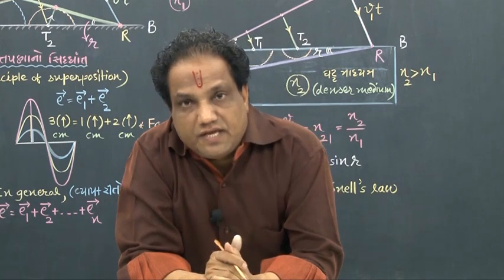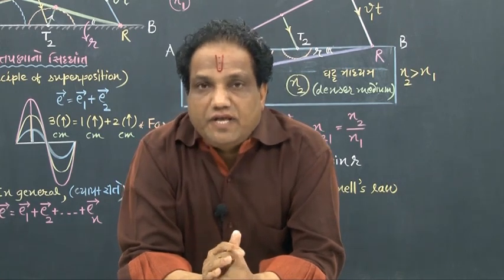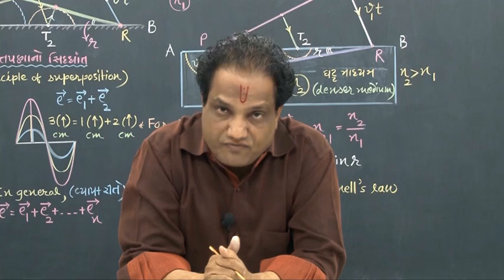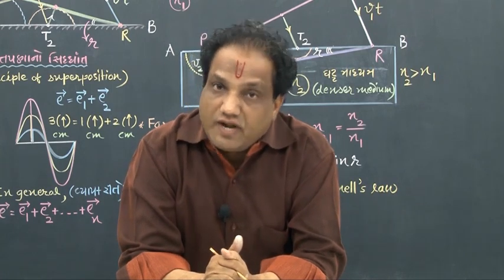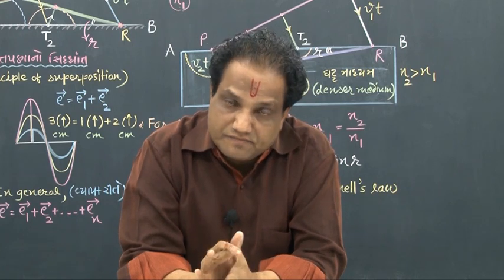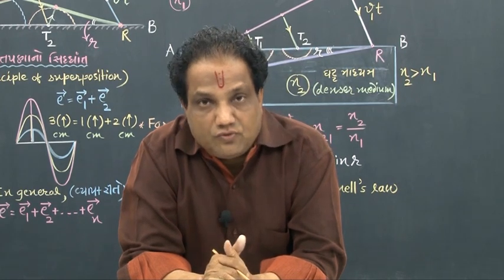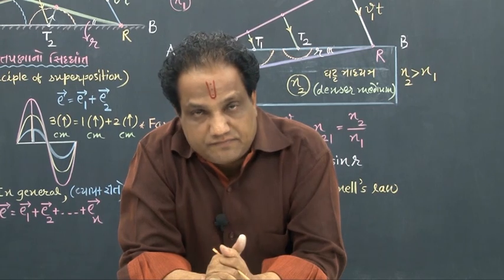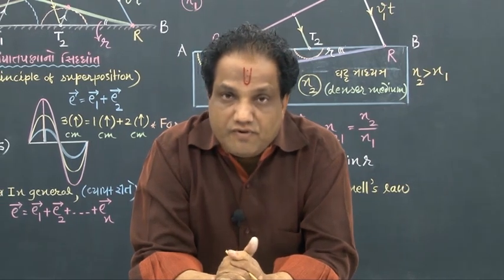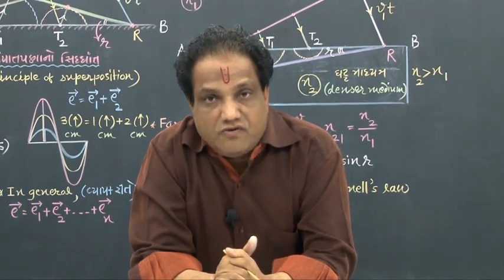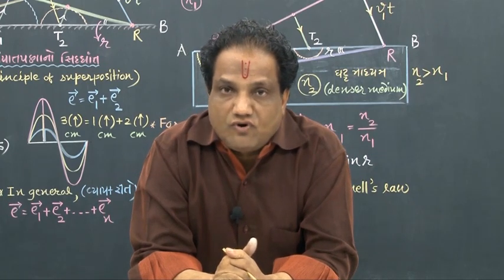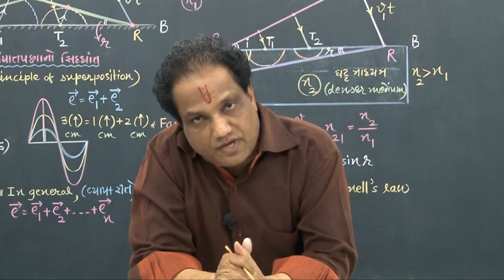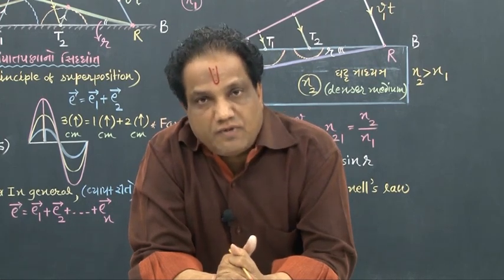Now, using this Huygens wave theory, we can explain the phenomena of reflection of light as well as refraction of light very nicely. Let us see how this can be explained, and then we will derive the law of reflection and Snell's law for refraction of light. Let us take them one by one.